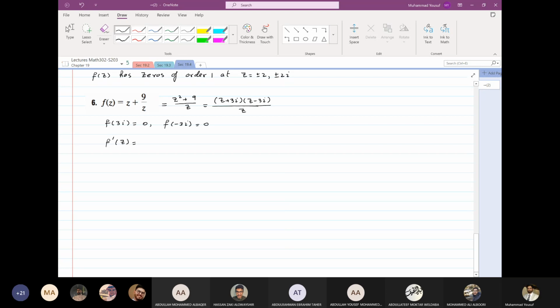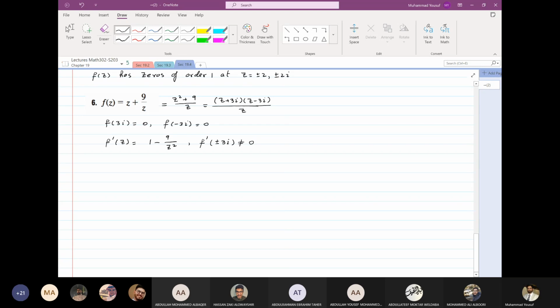So take derivative of any of them. So let us take derivative of first. It will become 1 minus 9 over z square. And we see that f prime at plus or minus 3i will not be equal to 0.